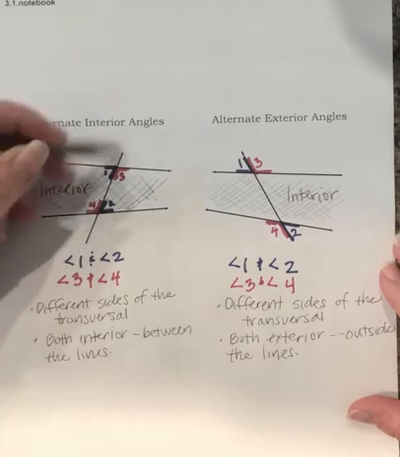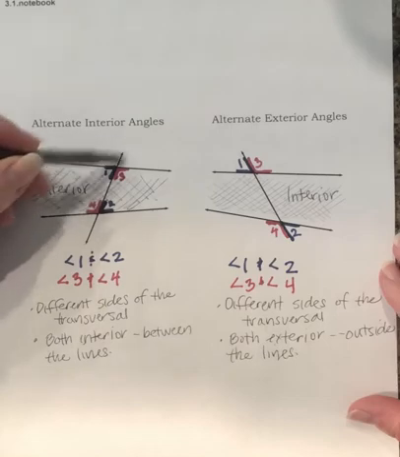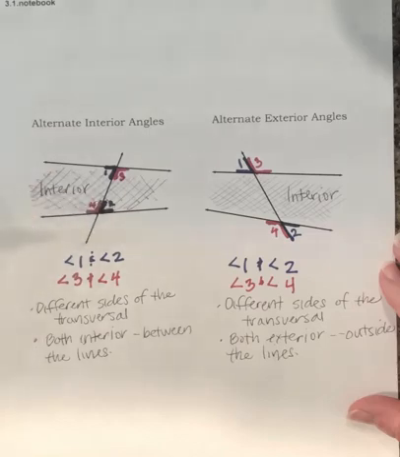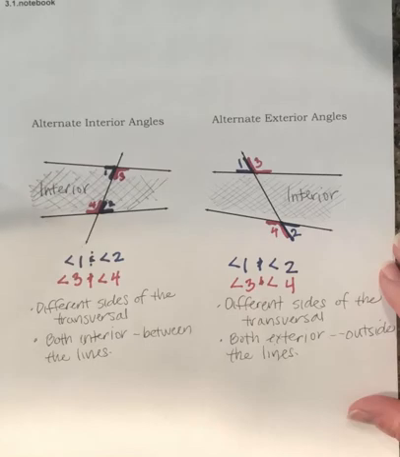So you have to share a transversal, otherwise you don't have a relationship of any kind. So here's my transversal. Angle 1 is on the left side of the transversal. Angle 2 is on the right side of the transversal. But both of these angles are in the interior. They're between the two lines that are creating them, so to speak. So different sides of the transversal, both interior. That's how I get the name alternate interior.